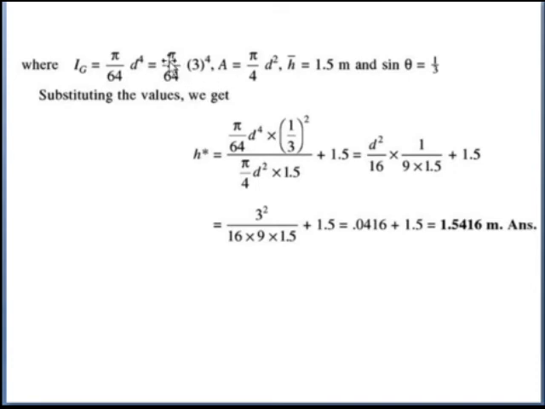Then by putting this value we get the value of Ig. Then again h bar is 1.5 meters, sin theta is 1 by 3. After putting all these values into the formula of center of pressure, we get the final value of h star as 1.546 meter.